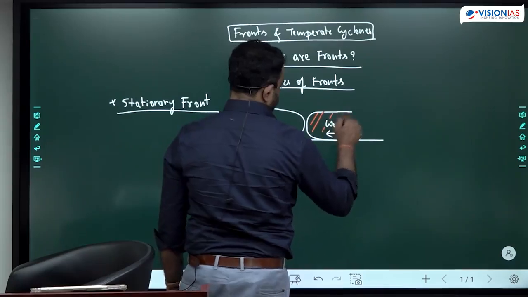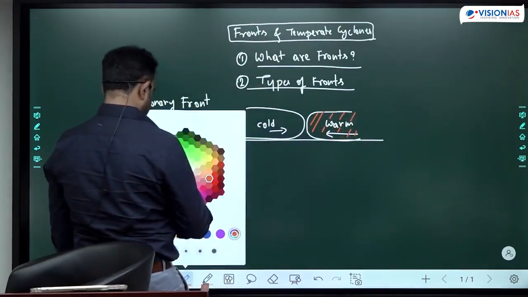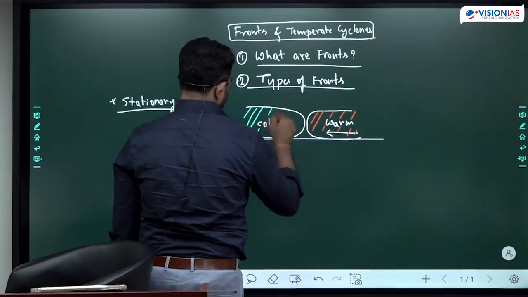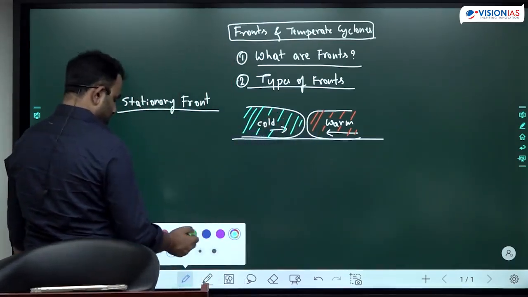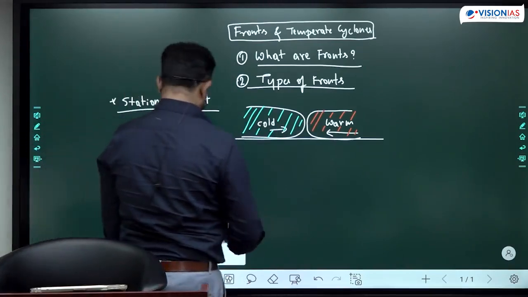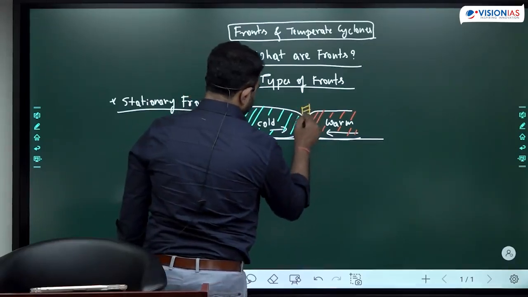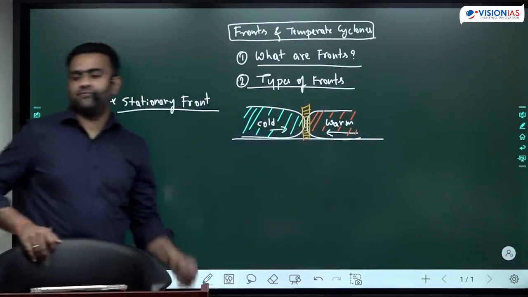This is a warm air mass. This is a cold air mass. This is a front, and this type of front is called a stationary front.